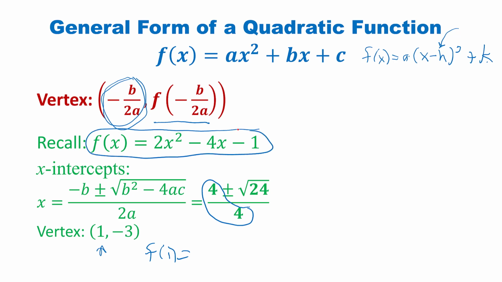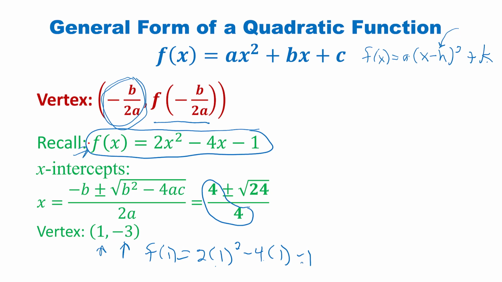If we know that 1 is the x-coordinate of the vertex, to find the y-coordinate, we find f of 1, which would be 2 times 1 squared minus 4 times 1 minus 1, and that gives us 2 minus 4 minus 1, negative 3. So the negative 3 we can find by plugging the x-coordinate of 1 into our function here.